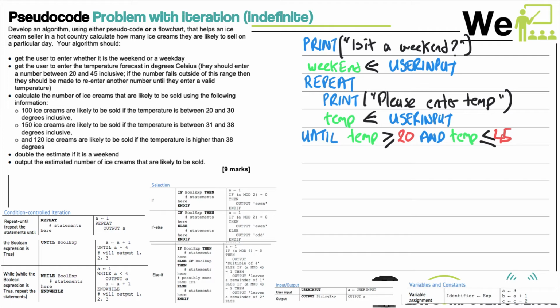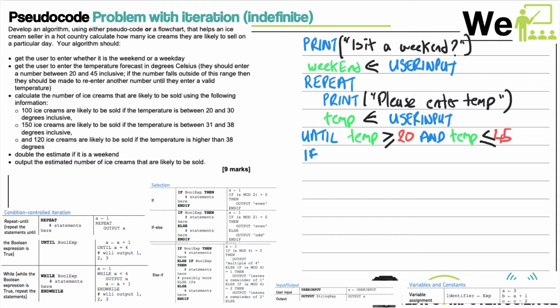Okay, so there are 3 different outcomes. Now, if there were 2 outcomes, we could use a selection statement of if and else. In this case, because there are 3, we should use if, else if, and else. So if what? Well, if the temperature is between 20 and 30.